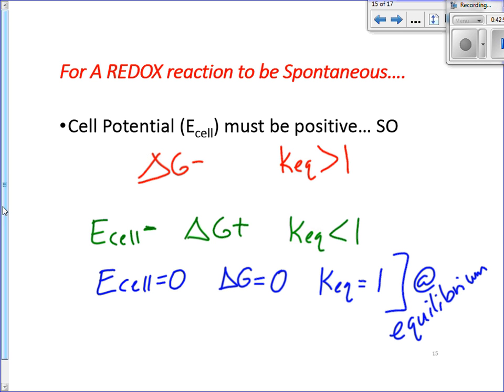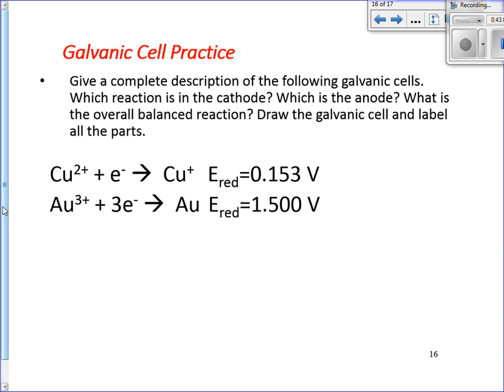All right, so let's look at the examples here, and let me show you how to get started on them. You're going to draw a galvanic cell, and you're going to label everything and all that. But I need to figure something out here. They gave me both the reduction potentials, and I want a spontaneous, favored galvanic cell.